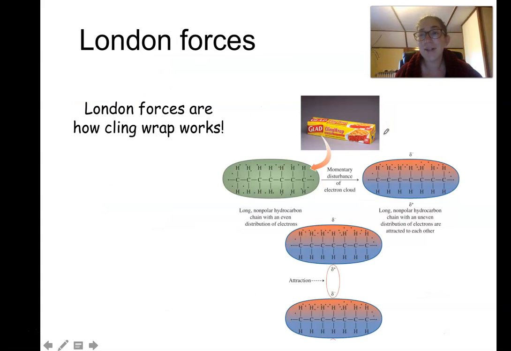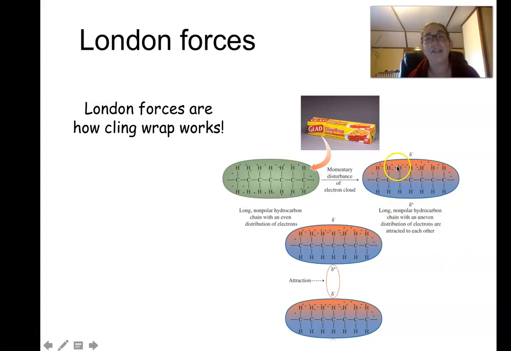A good example of London forces in action is how cling wrap works. Saran wrap is a nonpolar polymer, just made up of carbons and hydrogens. But when you unroll it, that causes the electrons to disperse unevenly, and you get the static cling of the wrap.